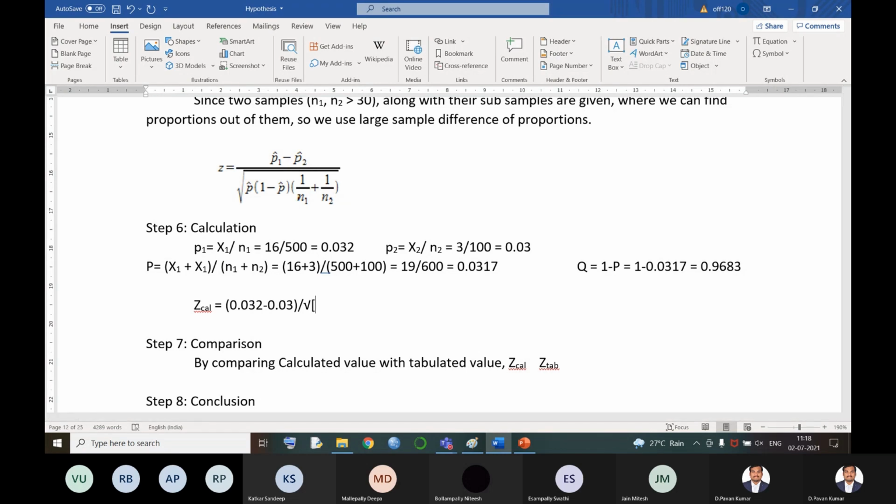big brackets. Now within small brackets, I'll just multiply P into Q, that is capital P into Q is 0.0317 into 0.9683. Okay, let us keep small bracket for this.